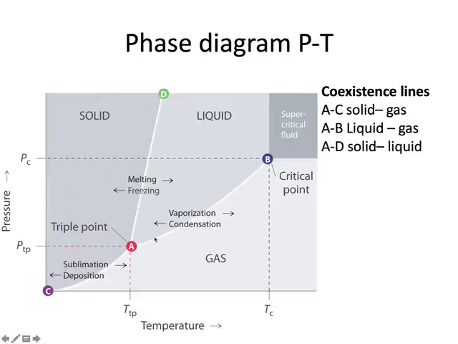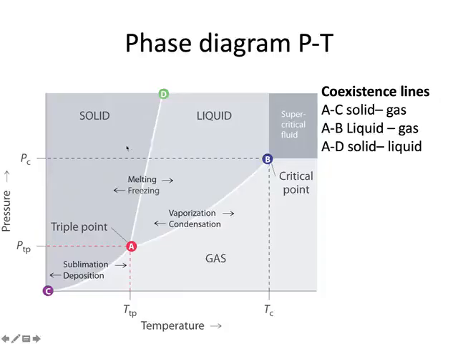From A to B, there is the liquid-gas coexistence line. And when liquid boils, it vaporizes and becomes a gas. And when the gas condenses, it becomes a liquid. So hence the name condensed matter, that solids and liquids are condensed states.